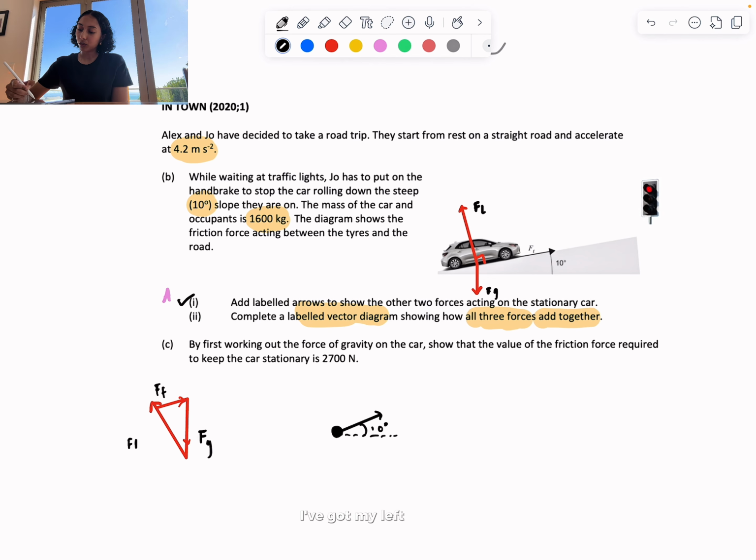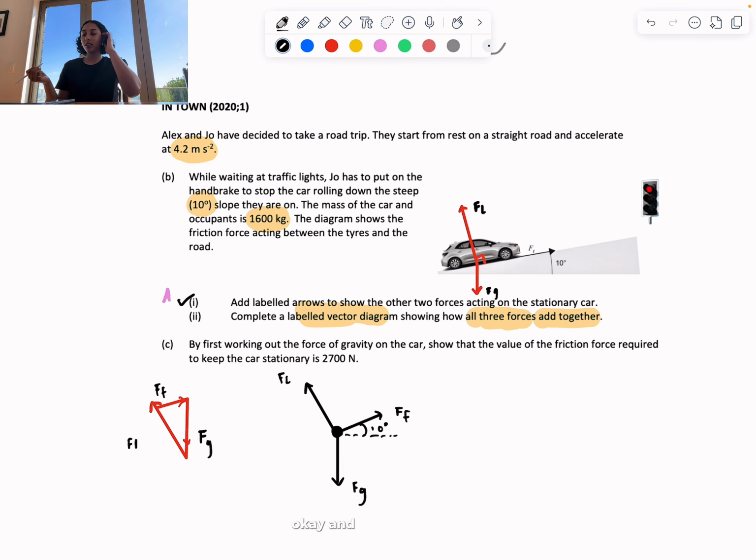I've got my lift force, which is perpendicular to that friction force. I'm just labeling them. Then I've got my force of gravity acting straight down. It's got to be straight.